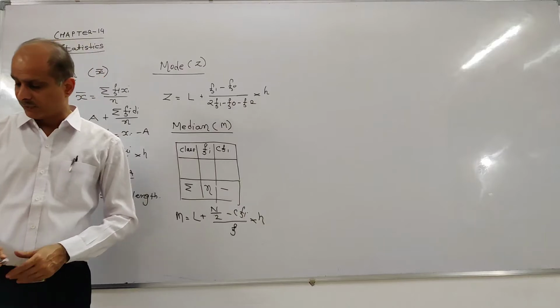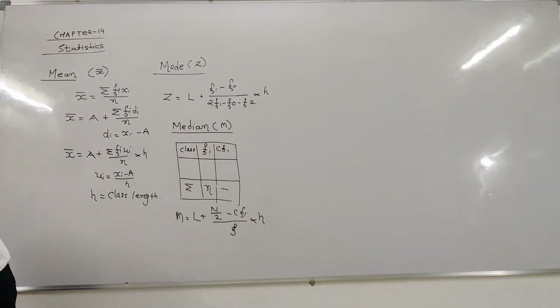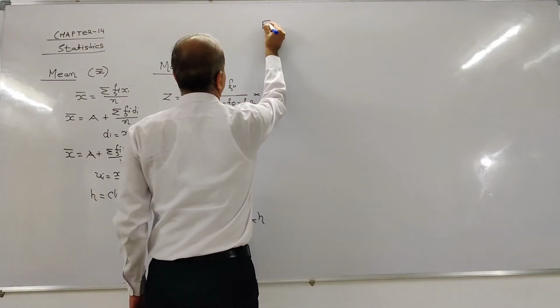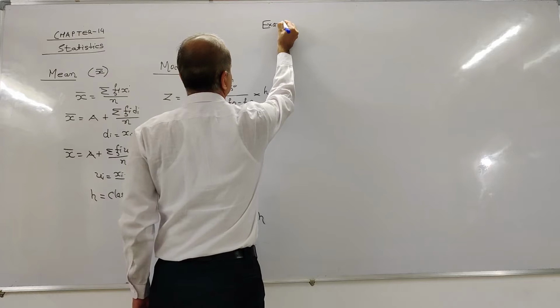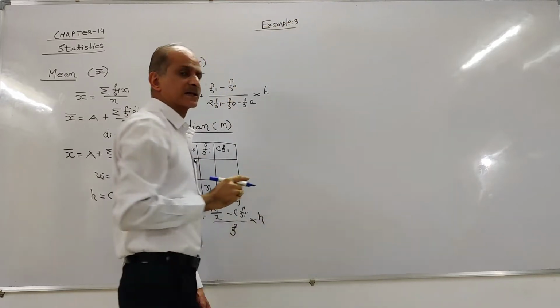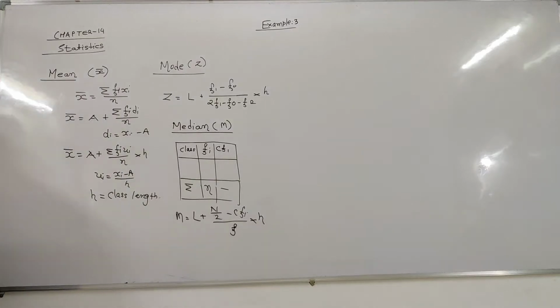Well friends, we have already solved two examples of exercise number 14.3. Let us start example number 3 of exercise number 14.3, that is how to find the median of a data.